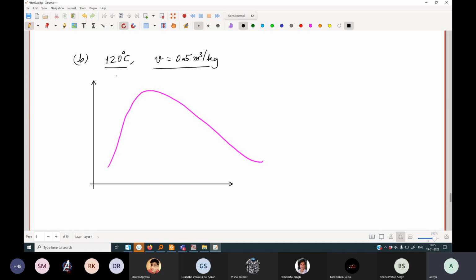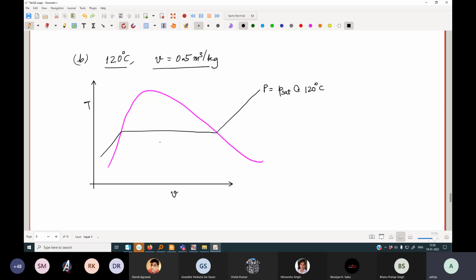So we again have, suppose we start with the PV diagram or TV, because we've been given the temperature, we can start with the TV diagram. All right. So in the TV diagram, let me draw an isobar. So suppose this is the isobar, and this pressure will be the saturation pressure at 120 degrees Celsius.